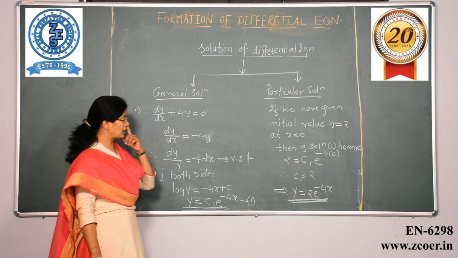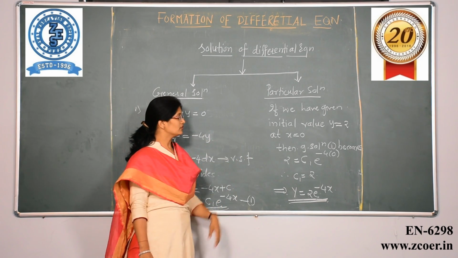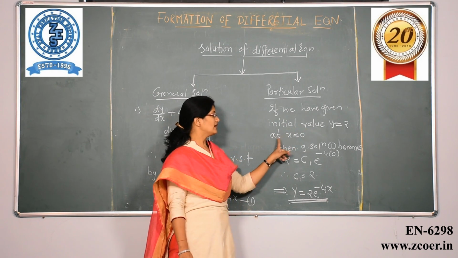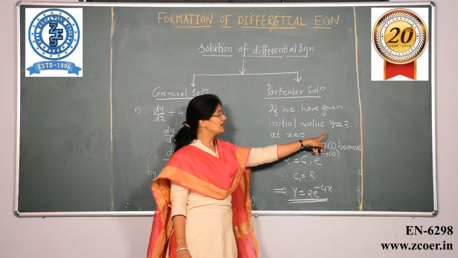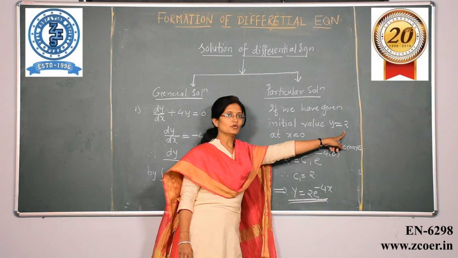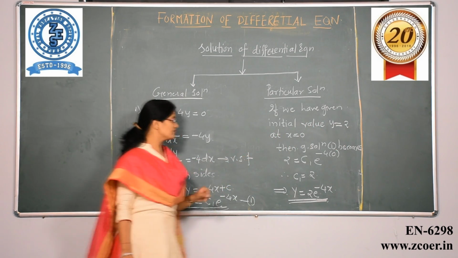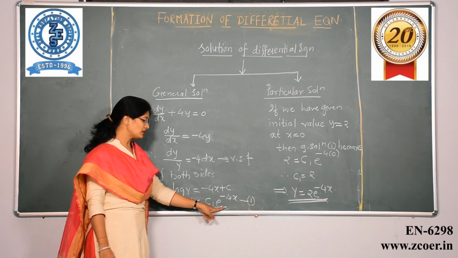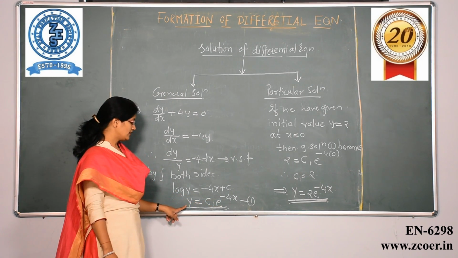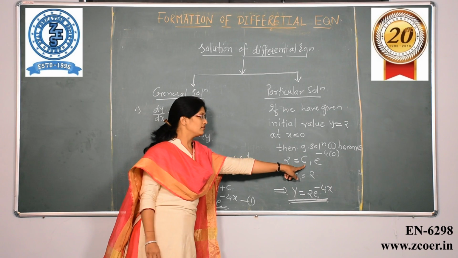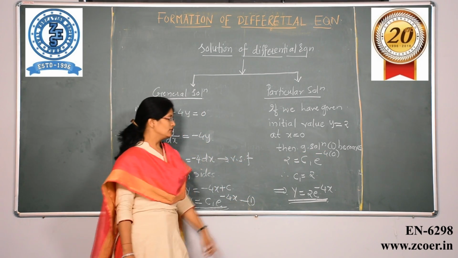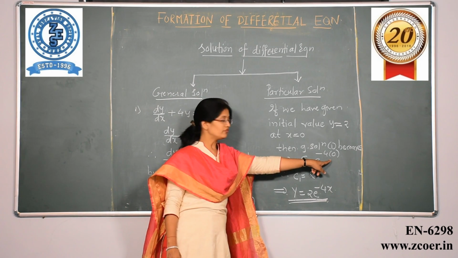Now suppose we are given one particular condition, that is, the initial value that at x equals 0, y takes the value 2. Then if you substitute x equals 0 and y equals 2 in this equation number 1, we get 2 equals c1 e raised to minus 4 into 0. You know that e raised to 0 is nothing but 1.